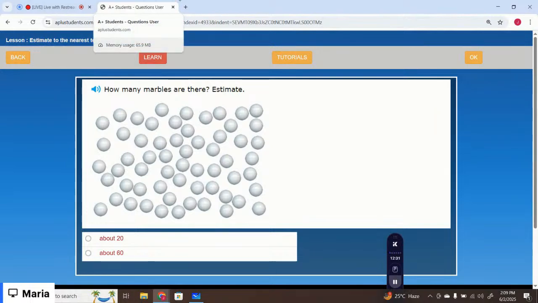Estimate about 20 or about 60. They are about 60. Option number two is the correct option.